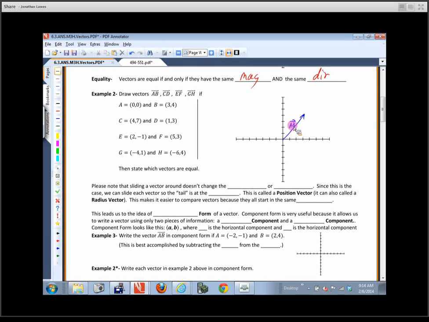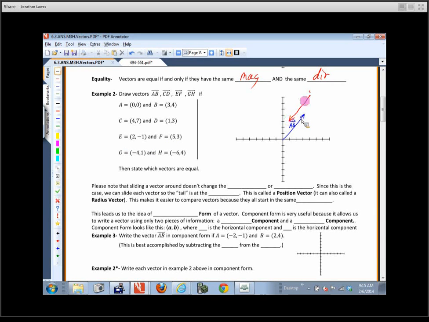So I'll put that line over the top of it. I'm going to draw a vector CD. It starts at C and ends at D. So this is 4, 7. So 4 and 7, 1, 2, 3, 4, 5, 6, 7. So we're right here. And I'm going to change colors for this. So here's C, and then D is at 1, 3, so 1, 3 would be right here.